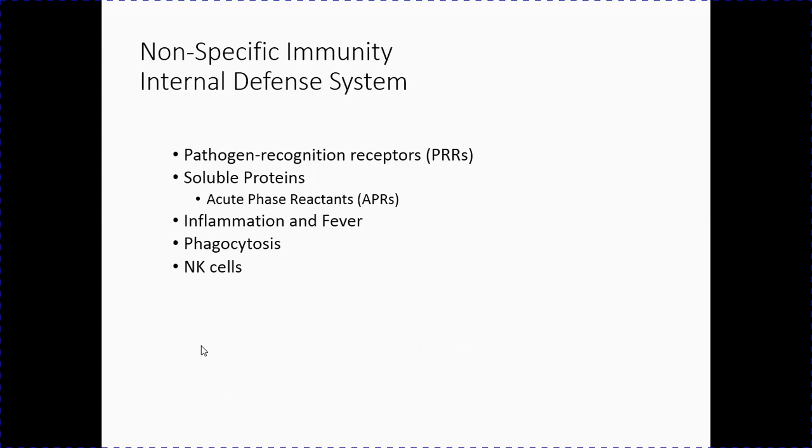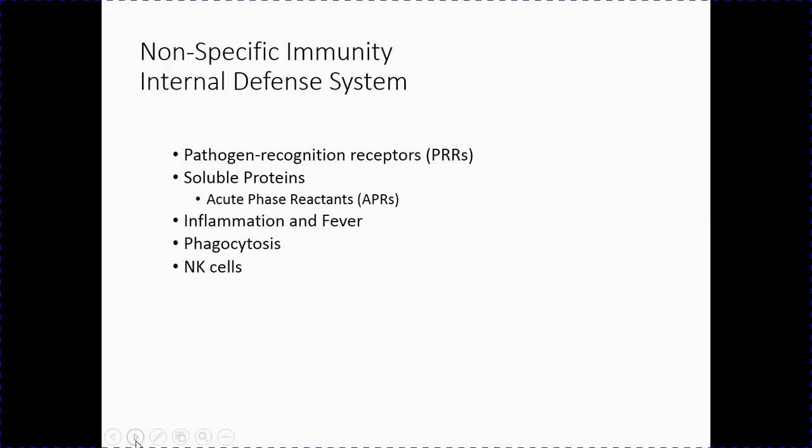Where are we headed with this? So when we're looking at the internal defense system, the next thing we're going to look at are some of those non-cellular components. So we just looked at some of the cells of the internal defense system, and what their general roles are. Now let's look at some of the soluble components and take a look at those.